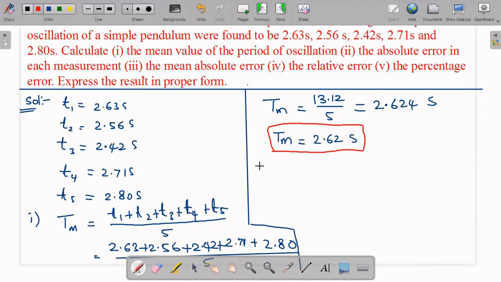So for the absolute error in the first measurement, we write delta T1. We have to take the modulus after getting the value.